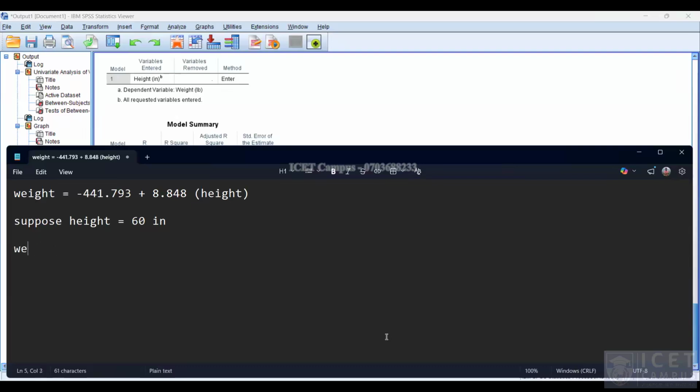Then how? By using the regression equation, weight equals negative 441.793 plus 8.848 times the height, which is 60. So then we can predict the weight of that person. We can use the calculator for that, right?